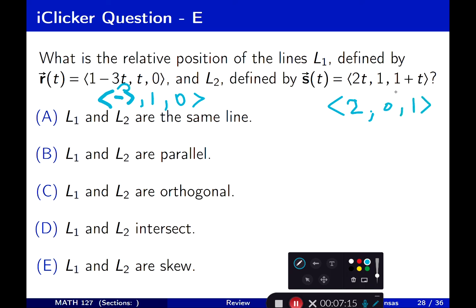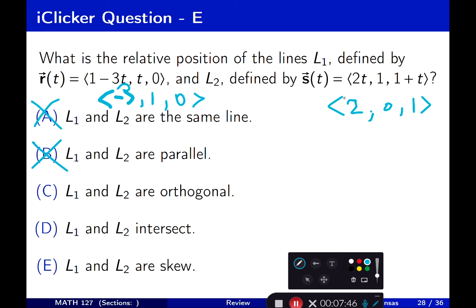So the two direction vectors are not scalar multiples of each other. Therefore, the two lines are not parallel. This one's out. Are they the same line? If their direction vectors are not parallel, then they cannot be the same line for sure. So that one's out.